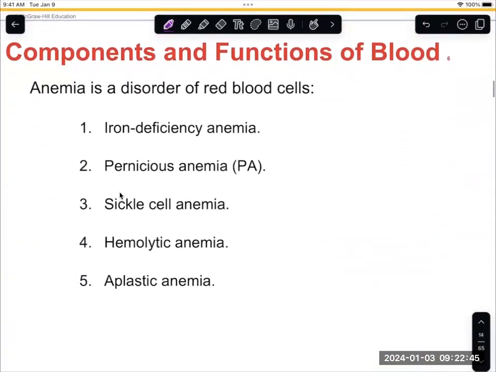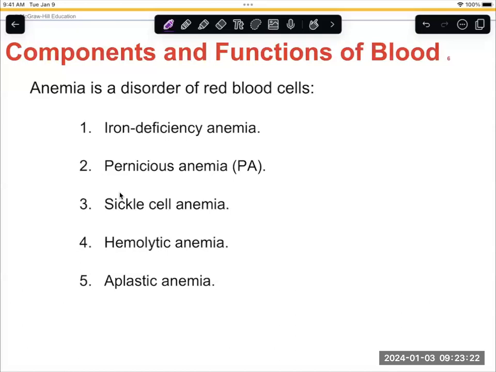So there's a lot of different types of anemia. Anemia has to do with those red blood cells or erythrocytes specifically. Anemia in general has to do with a reduction in the amount of red blood cells circulating through our system. No matter what the underlying cause for anemia is, it will produce symptoms of fatigue and shortness of breath.